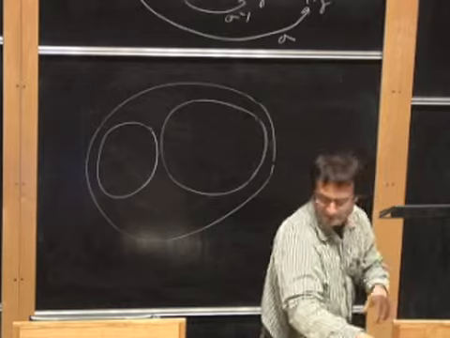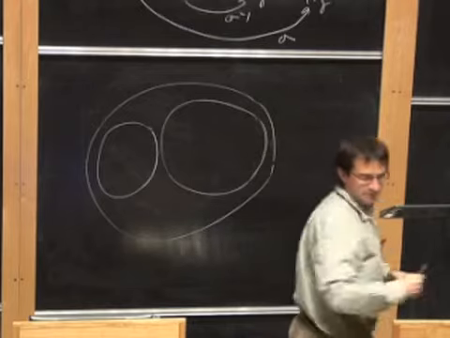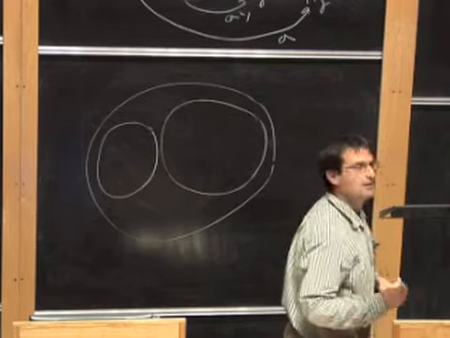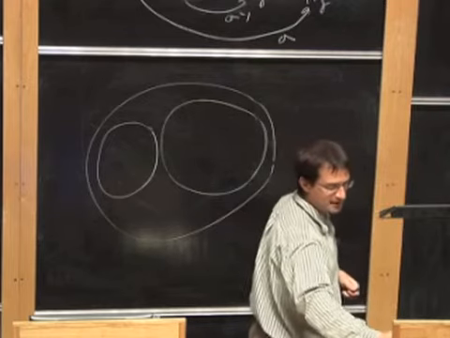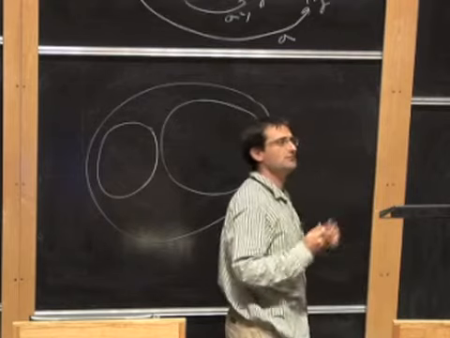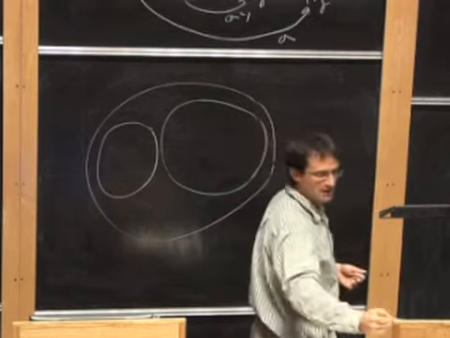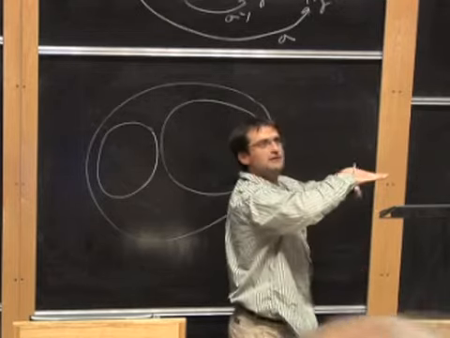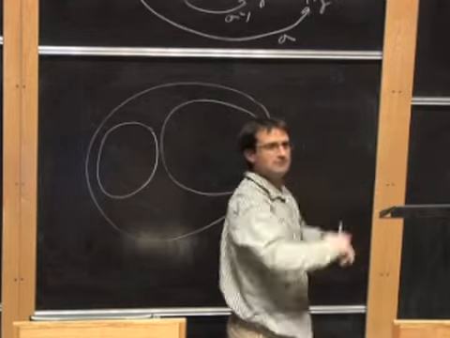Its normal bundle has two components. And I may have more pairs of pants on this side than I have on this side. If I choose some collection of pants, I may have more on one side than on the other side. And then I can't pair them off. It's a very simple kind of obstruction.